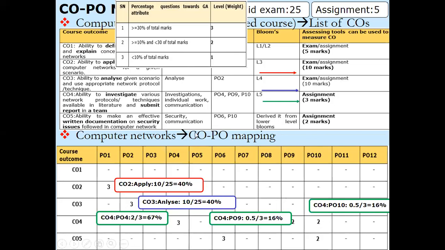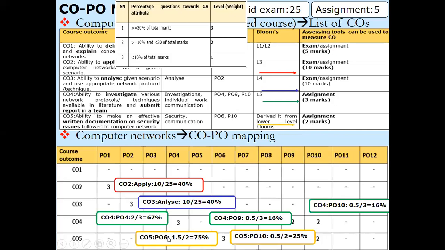Now, with respect to CO5, it is mapped to PO6 and PO10. This particular CO is more focused on security, and you are asking students to submit a written document, which is communication skills. For Assignment 2, it is 2 marks.